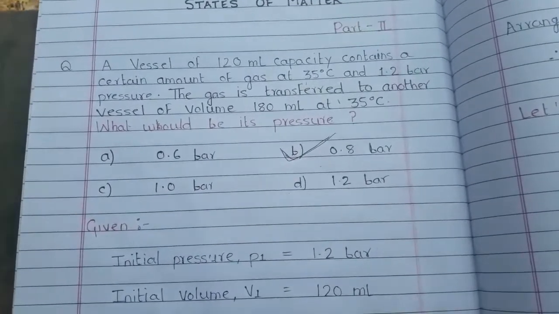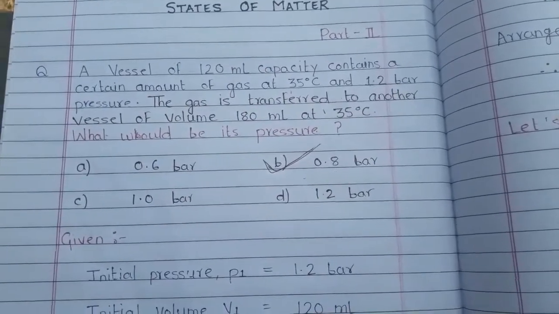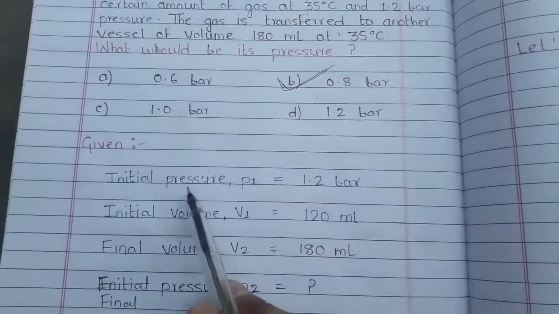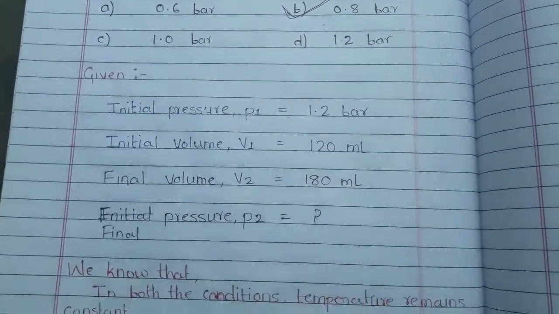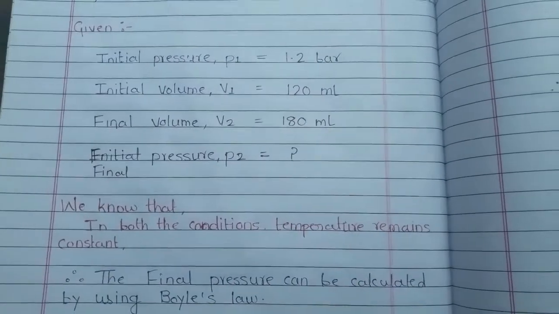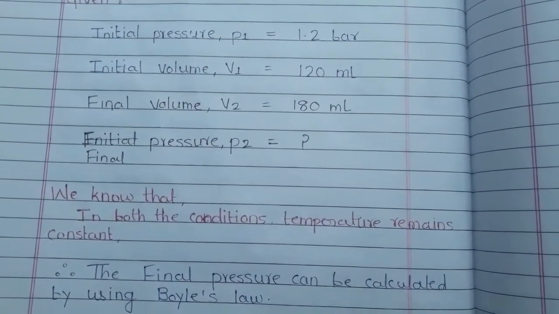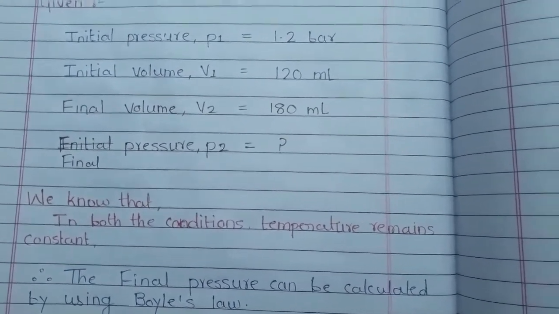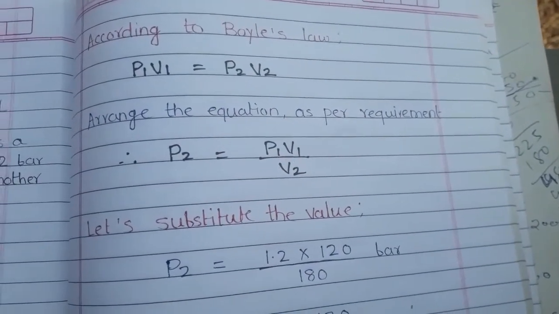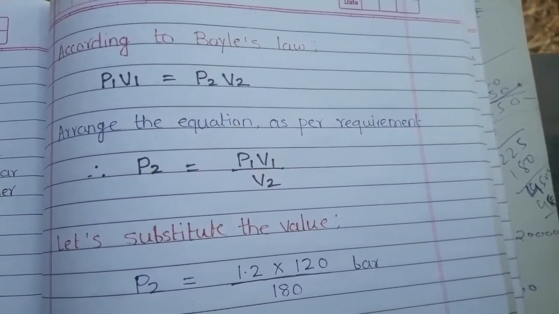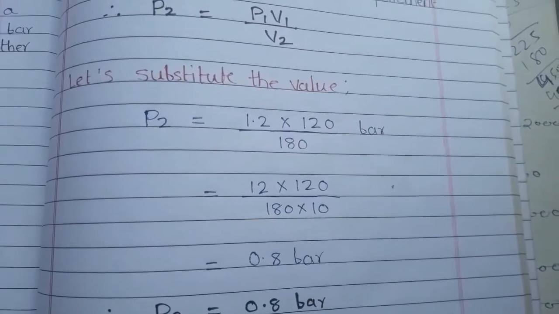First of all, we have to read the question and understand it well, and then we need to write out the data which we get from the question separately, and then we have to think about which principle we can use to solve it. Then we need to write the law, or the mathematical expression or formula, and then we have to substitute the values, and then calculate, and then write the final answer with the unit.